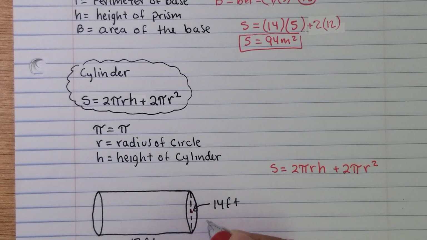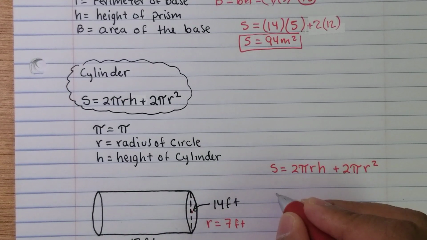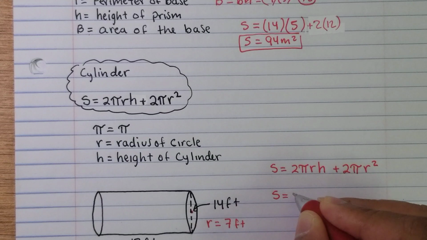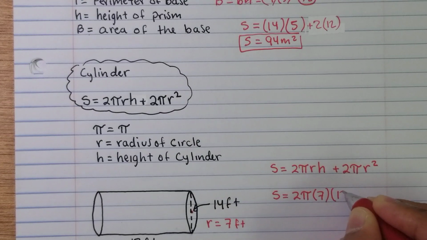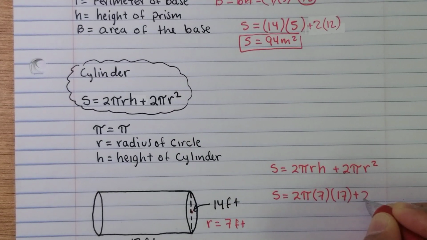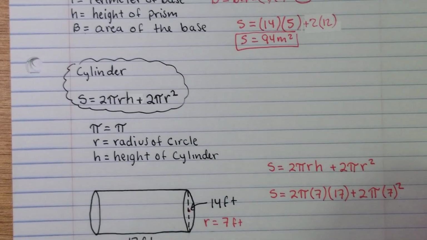So the radius has to be equal to half of 14, in this case 7 feet. Okay, so once I know the values, I just plug them into this formula. So the surface area equals 2 times pi, the radius is 7 and the height is 17, plus 2 pi times the radius squared, but the radius is 7, so 7 squared.